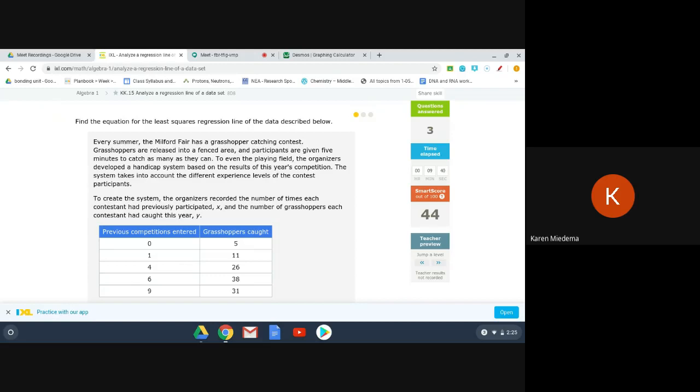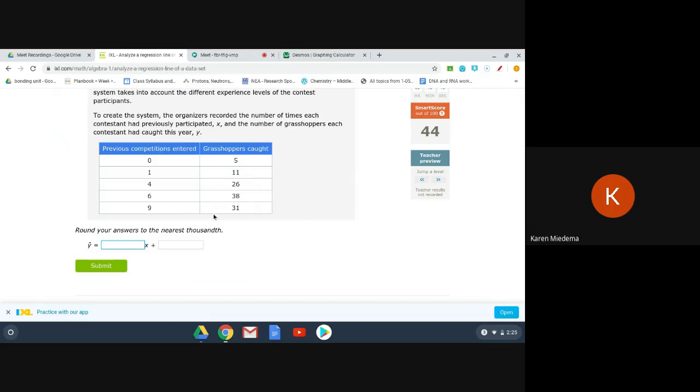To even the playing field, the organizers developed a handicap system based on the results of this year's competition. The system takes into account the different experience levels of the contest participants. To create the system, the organizers recorded the number of times each contestant had previously participated, X, and the number of grasshoppers each contestant had caught this year, Y.